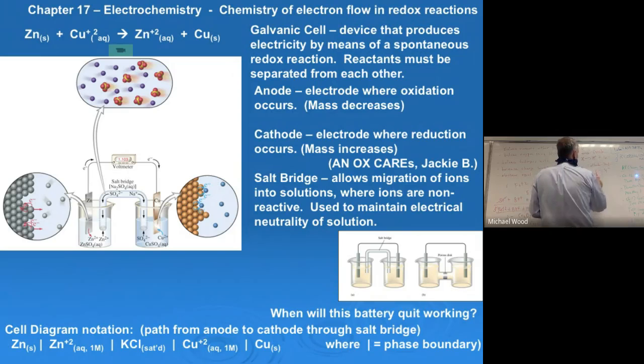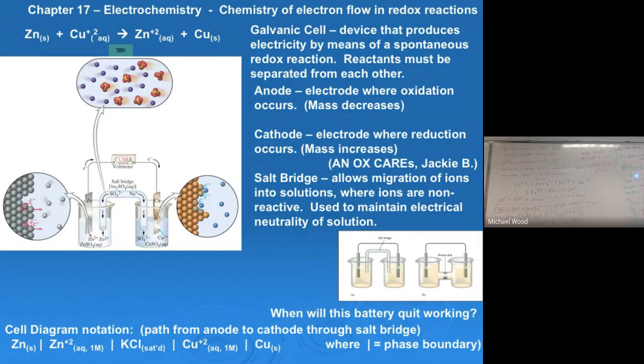And actually what's happening is that the electrons are flowing from the anode to the cathode, and we get a flow of electricity. And again, the key thing in this chapter is going to be to calculate this E0, and it's not a hard process, and I'm going to teach you that on Friday.